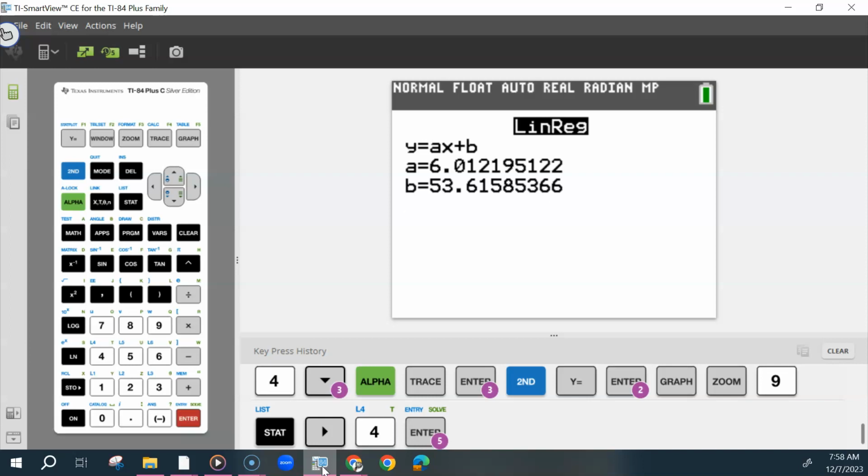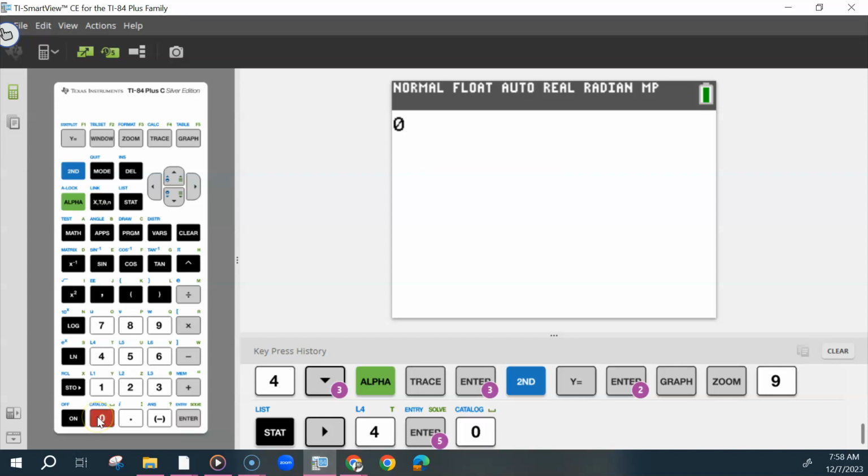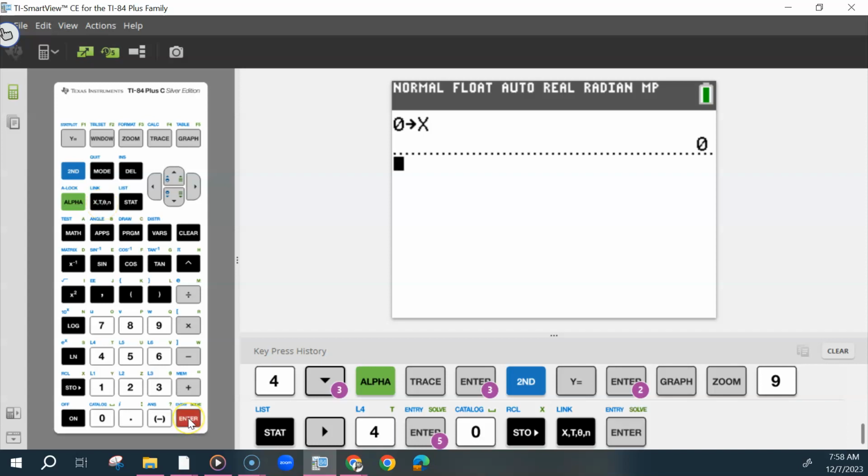But from this, I'm just going to type in 0, and then STO above on, and X, and then hit enter. So do that part. 0, STO, and then X, and then enter.